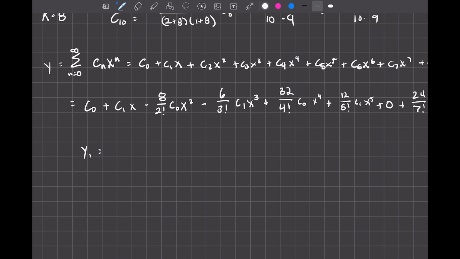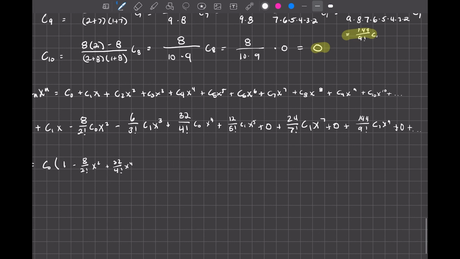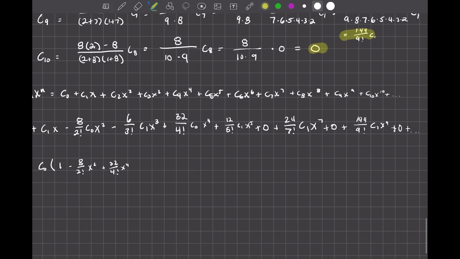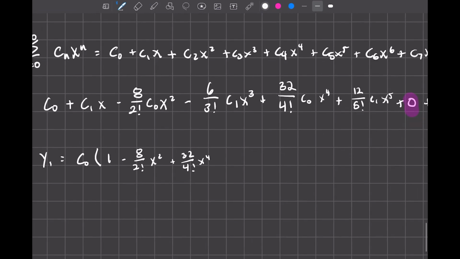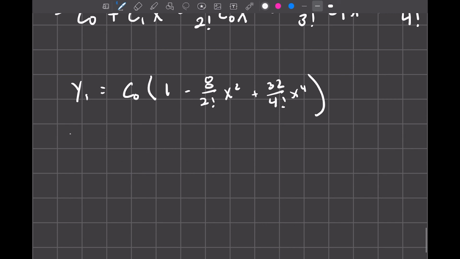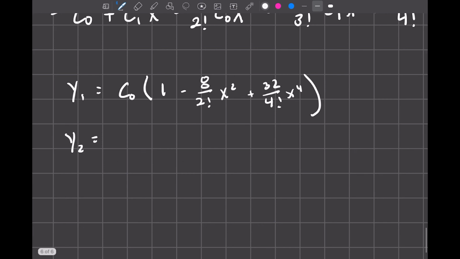So in the lecture, I think they split it up into two parts, so I'll just do y sub 1 for c sub 0. So everything with a c sub 0 I'll take out. And it actually stops here because everything else is 0 that would have a c sub 0. So I'll highlight that. So this will not continue on, it'll just end right there. So we'll do y sub 2 next for everything with a c sub 1.